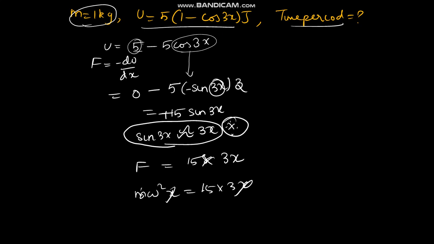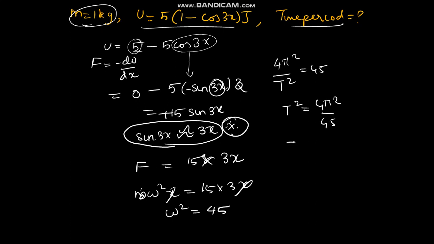Mass is 1 kg, so omega square is equal to 45. So 4 pi square divided by T square is equal to 45. So T square is equal to 4 pi square divided by 45, and T is equal to 2 pi divided by root of 45. In this way you have to work out this type of numerical.